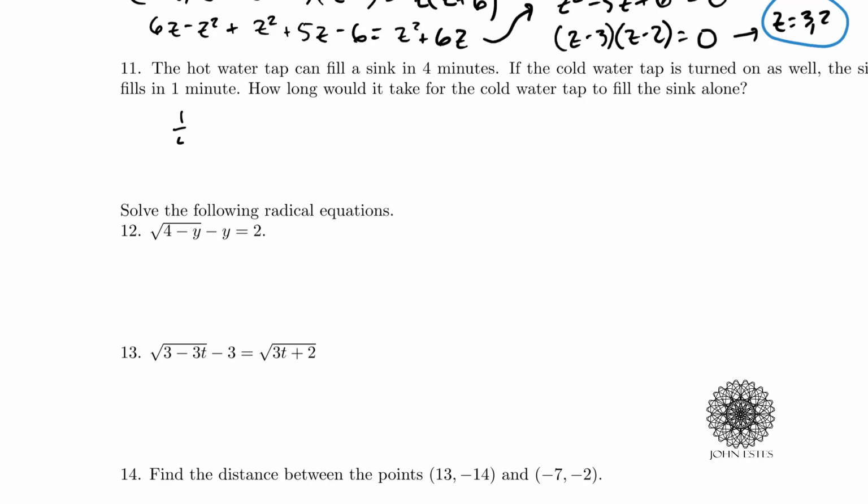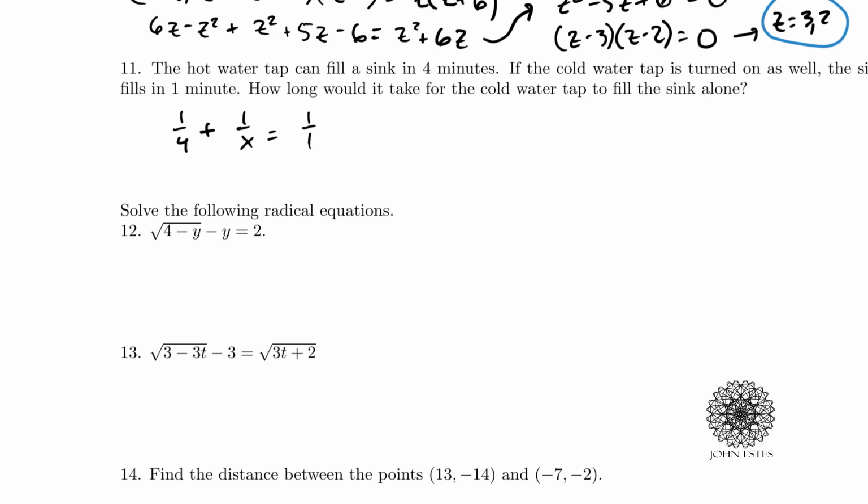That means for every 1 unit of time, you've done 1/4 of the job. Now, if you add that to the cold water tap, which we don't know, that'd be 1 over x, and then it would only take 1 out of 1 unit of time to fill up the sink. And now we've got to solve for x, and that's how long it would take for the cold to fill up the sink without the hot water.